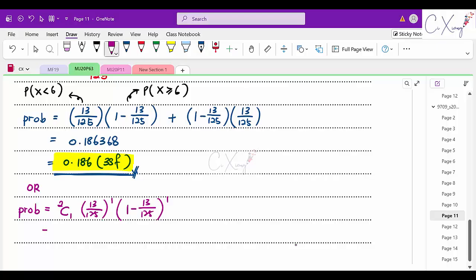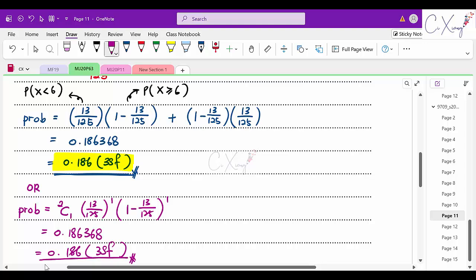Then again, if you try to simplify all this, you will get the same answer as well. So it depends on how you are looking at the particular question here. Some students might be able to identify that this is a binomial distribution, and of course, you can directly use the binomial distribution here. Okay? Yeah, so I think this is how we answer question number 6.